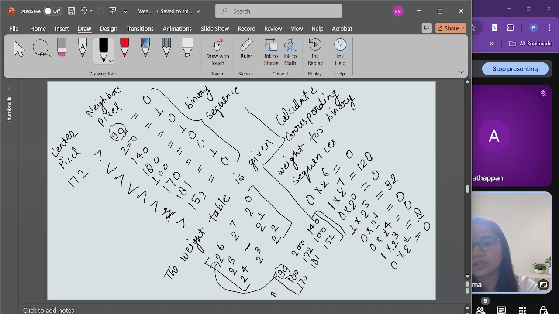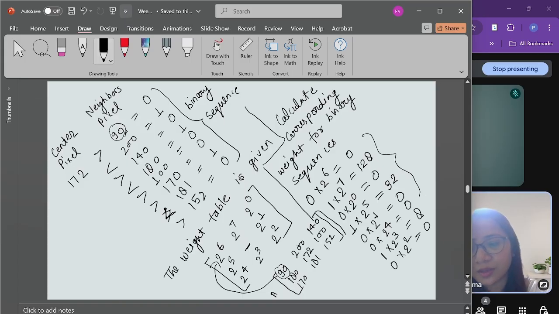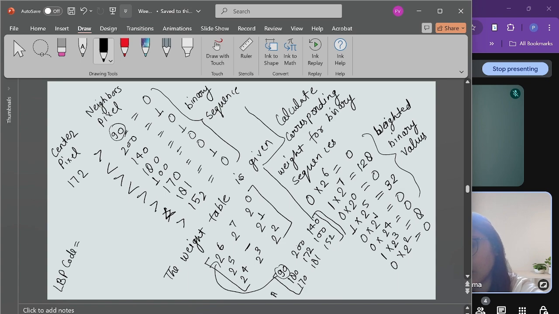So these values are called weighted binary values, and the LBP code is the sum of the weighted binary values. We just have to take the sum of all the weighted binary values.